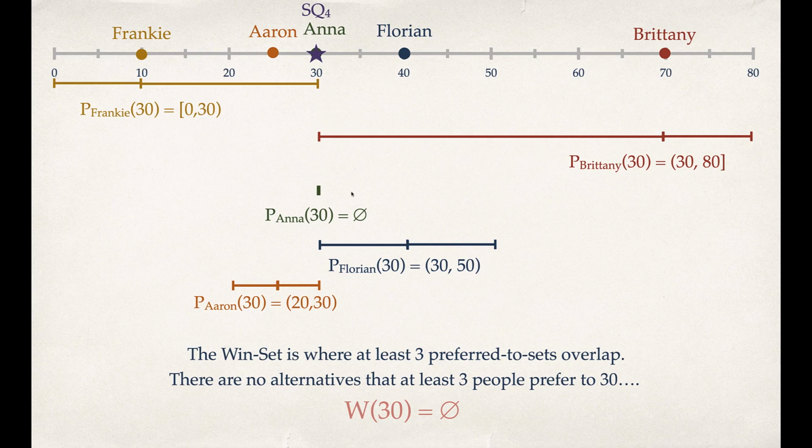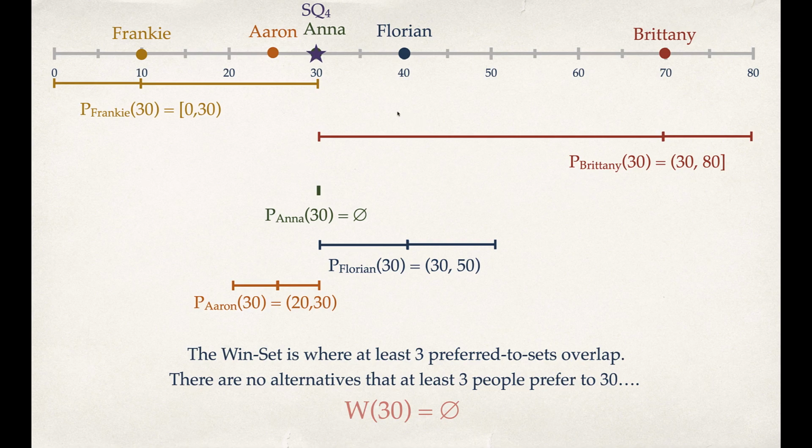There's nowhere that at least 3 people's preferred-to sets overlap. So the win set here is the empty set. All right, the win set is the empty set. Anna does not have a preferred-to set. So notice we've pulled one person out, so she isn't going to vote with this side and she isn't going to vote with this side.